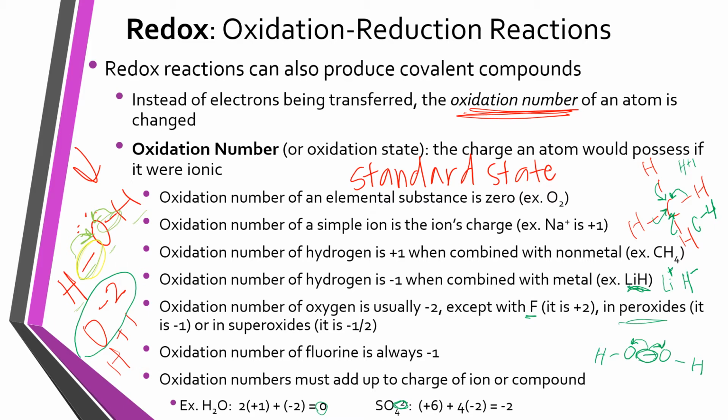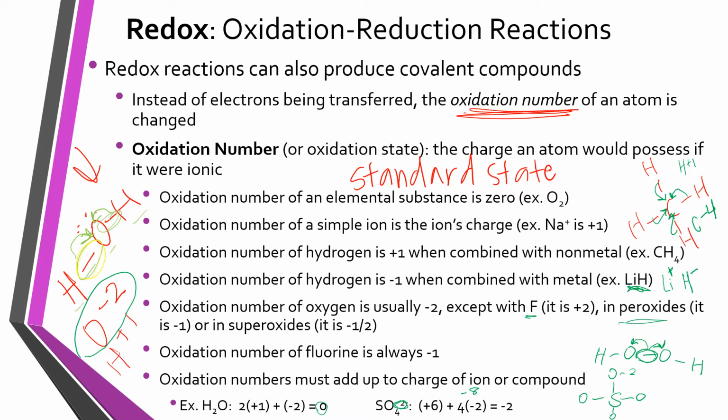For SO4, we've got sulfur with our oxygen. So the oxygen is going to be the more electronegative. And again, unless it's in with fluorine, peroxide or superoxide, it's -2. So oxygen in this case is all going to be -2, but there's 4 of them, so that total makes -8.